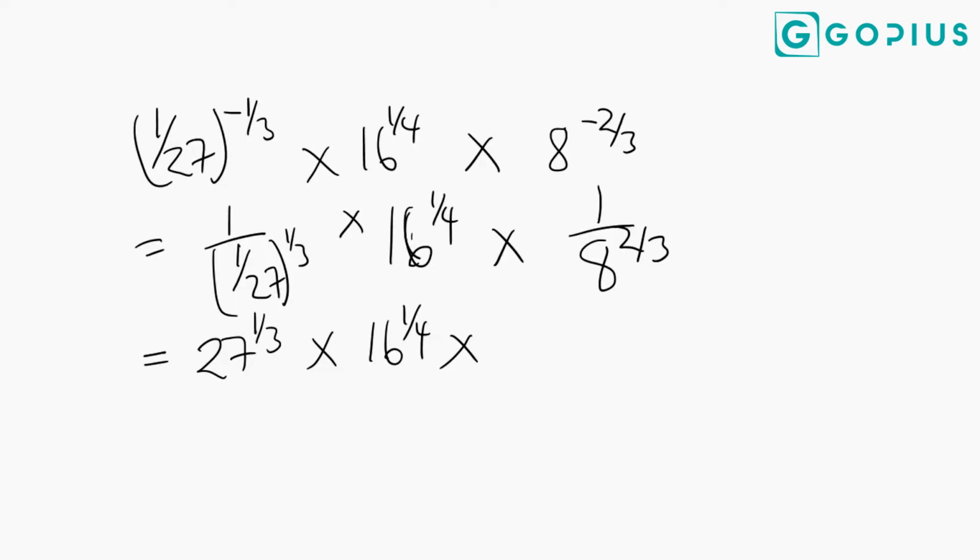This one is just 1 over 8 raised to the power 2 over 3, so it will still remain that way. We are not taking the inverse by reverting it now. So this will still maintain itself as 1 divided by 8 raised to the power 2 over 3. So over here we have 27 raised to the power 1 over 3.